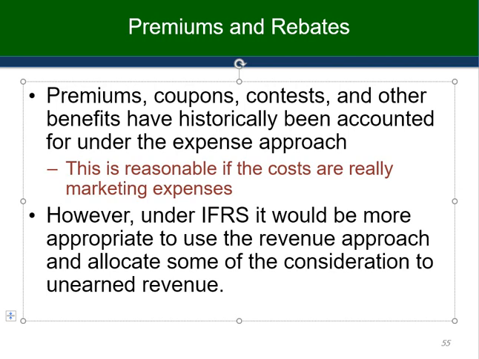Then whatever the expenses are would get matched against that revenue over time. You would allocate some of the consideration from the sales transaction to an unearned revenue account, and then as time passed, you would recognize the fact that you have actually earned the revenue.